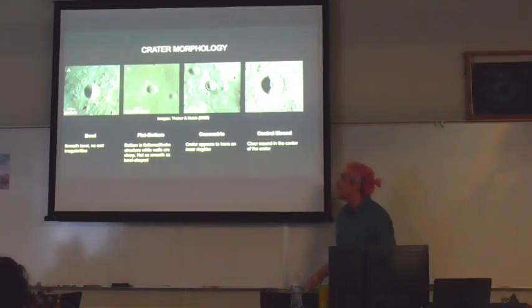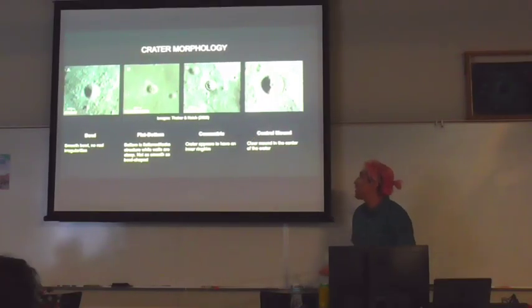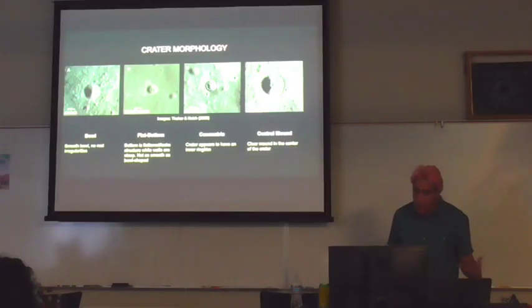We also have concentric craters, which appear to have an inner ring, which you can see right here, or rim. We also have our central mound craters, where there's a clear mound in the center of the crater. Some important factors that cause craters to exhibit a certain morphology are the velocity of an impactor, the thickness of the regolith layer, and the density of the substrate, the underlying rock layer underneath the lunar soil.